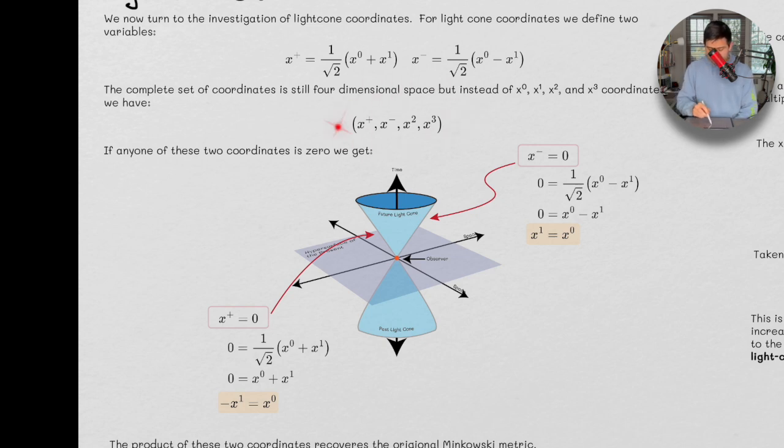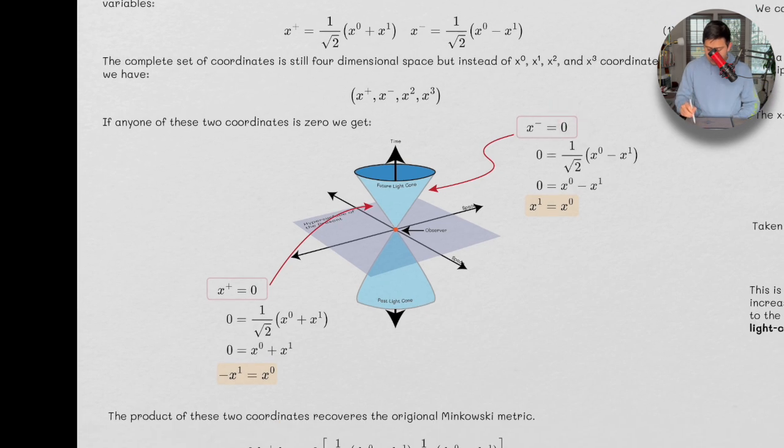So all four vectors have these components. And we can see that when x minus equals 0, multiply both sides by square root 2, and then bring this to the side of the equation, we get x1 equals x0, which is interesting, right?